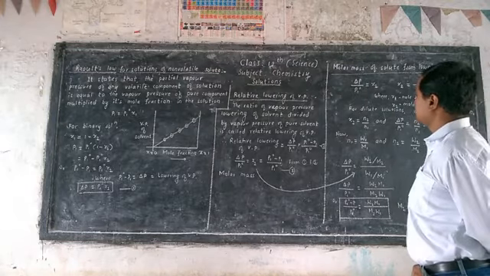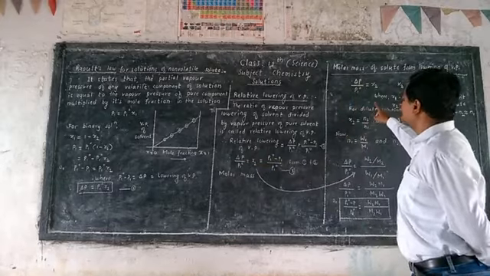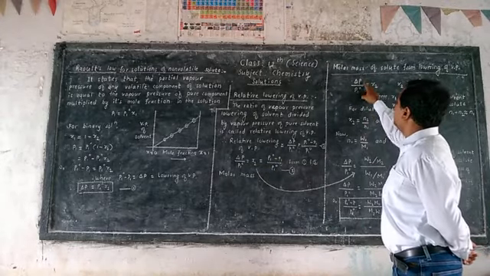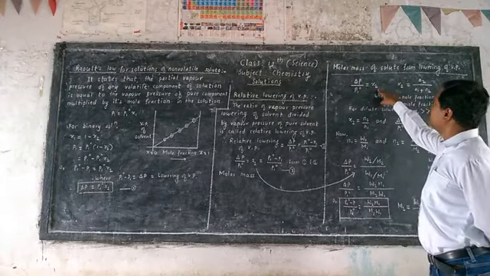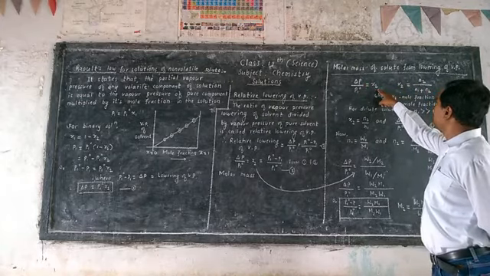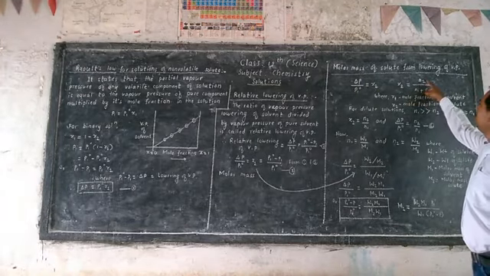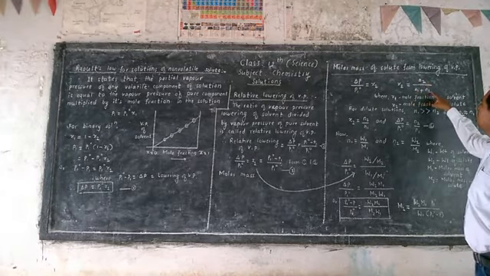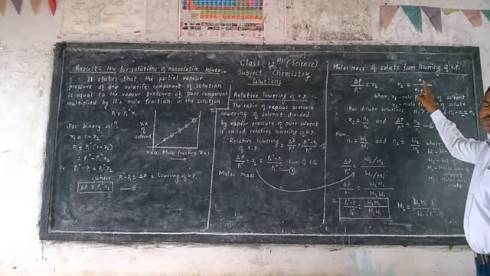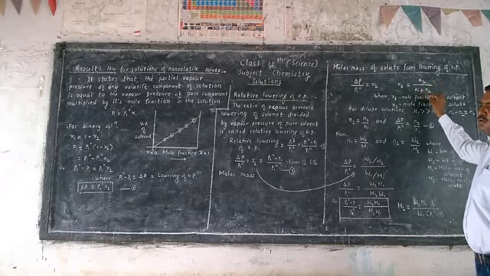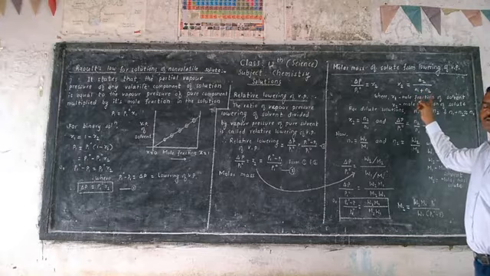We know that relative lowering of vapor pressure is given by delta P upon P1° equal to X2, where X2 is the mole fraction of solute. X2 is equal to n2 upon (n1 plus n2), where n1 and n2 are the number of moles of solvent and solute respectively. Take 1 for solvent and 2 for solute.